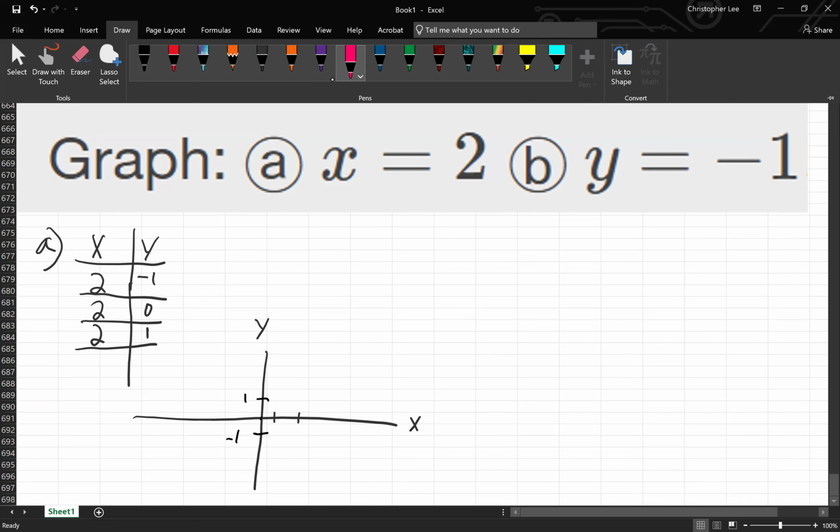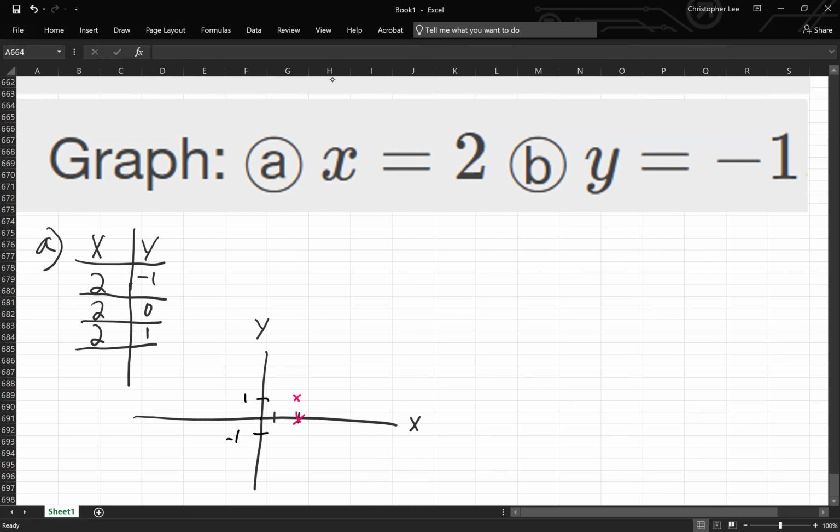So I have +1, 0, -1, just like that. Label them, right? This is 2, comma, -1, 2, comma, 0, 2, comma, +1.